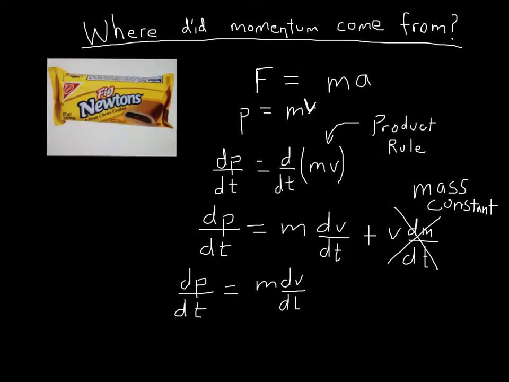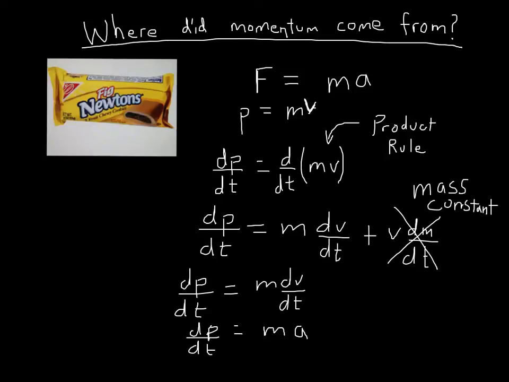If we go back to our first couple of chapters, we remember that dv dt, the change in velocity over change in time, is equal to the acceleration. So I now find that dp dt, the derivative of momentum with respect to time, is equal to mass times acceleration.